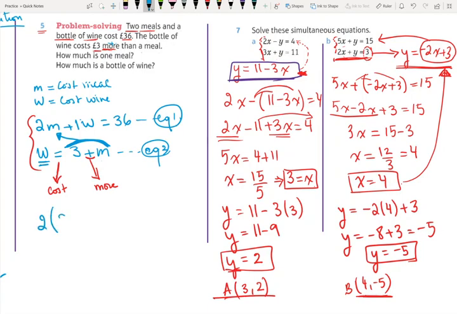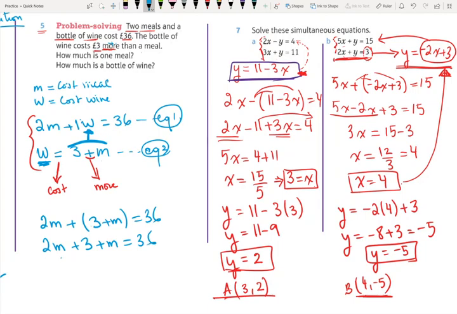So 2M plus W equals 36. Again, W is 3 plus M. So you replace it in the first equation in the place of W. So 2M plus 3 plus M equals 36.